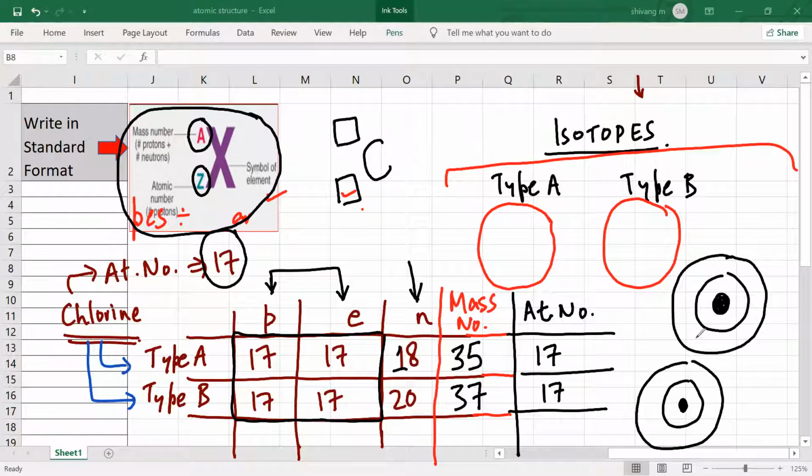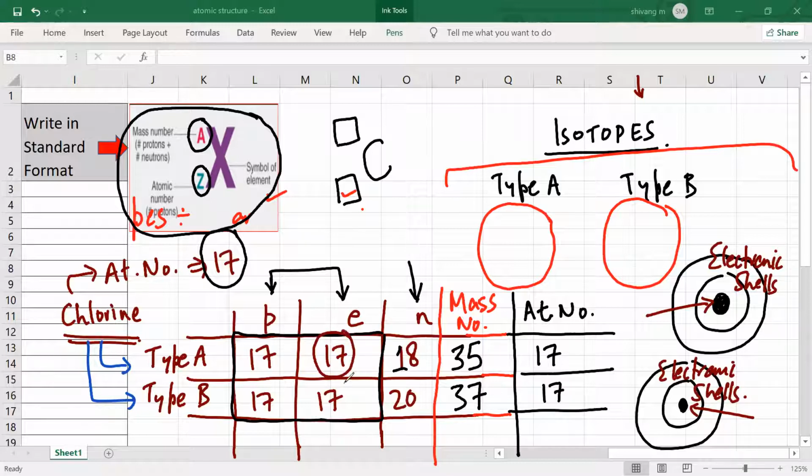See, this type A and type B chlorine, isotopes of chlorine, differ only in the nucleus. They don't differ at the electronic shells. The distribution of electrons would remain the same. Why?